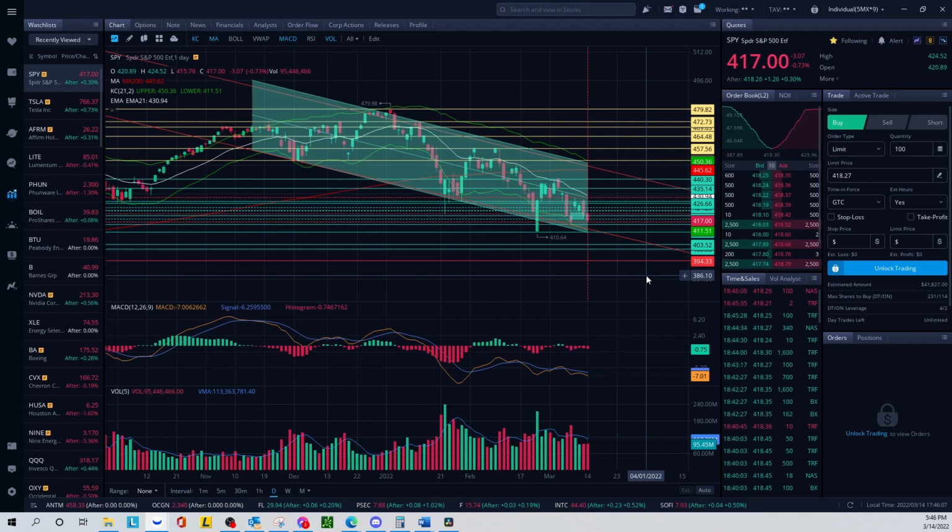So I'm looking at what is the overall market doing. I'm looking at this higher time frame, and then that sort of sets me in motion for how I want to trade either the ETF, either SPY itself, or any of the stocks that are making up the S&P 500. And then I just start working my way down.